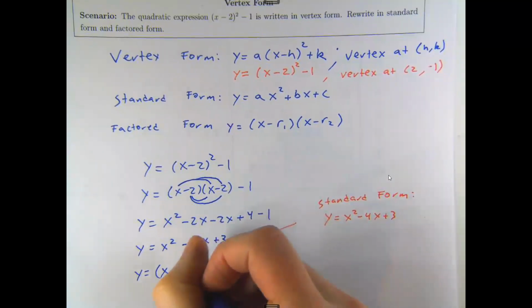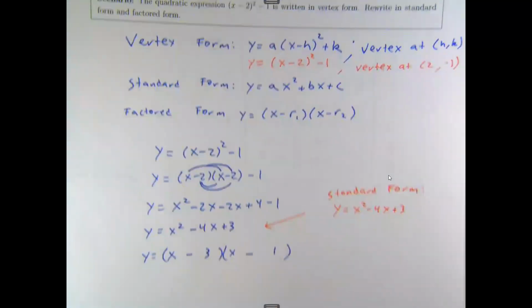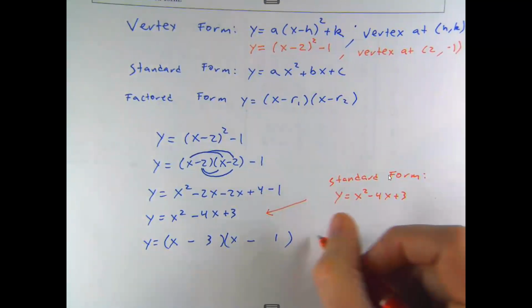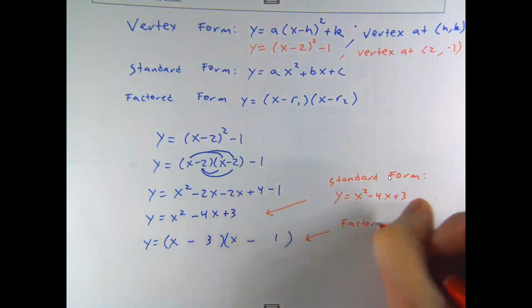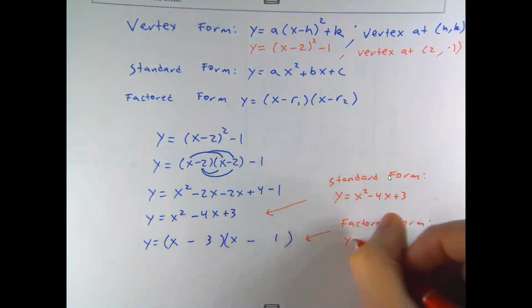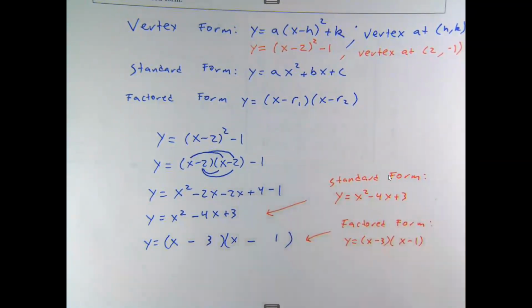And if I make these things negative, negative 3 take away 1 more would give me negative 4. So my factored form is (x - 3)(x - 1).